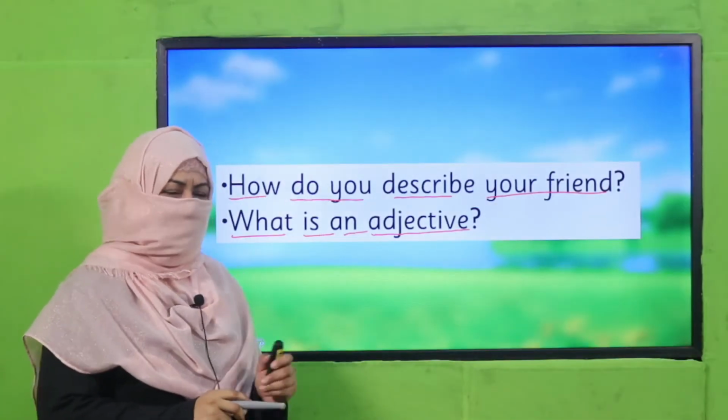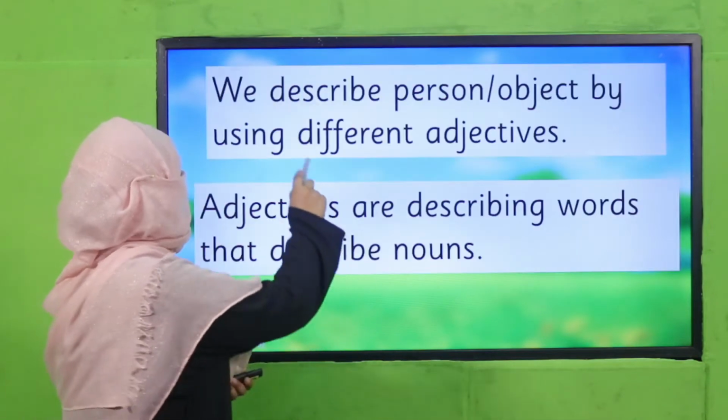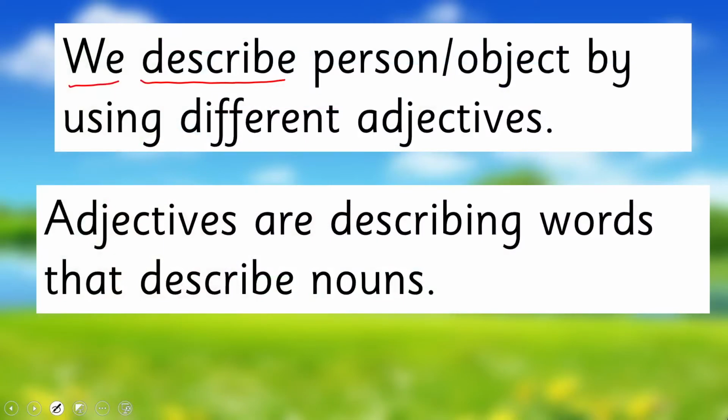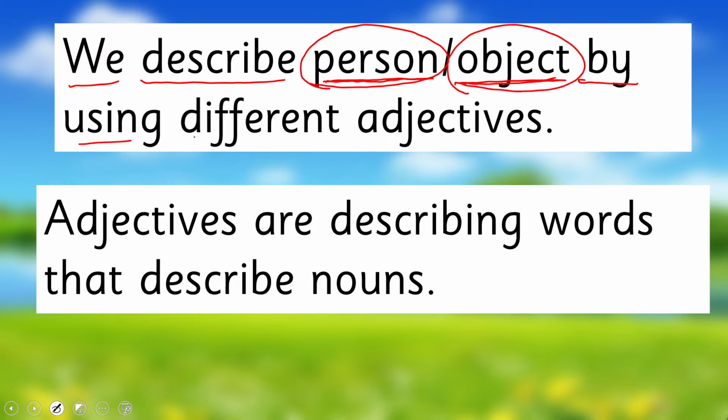I hope you have answered correctly. If I ask you to describe your friend, it means I'm asking you to describe a person. And if I ask you to describe your bicycle, it means I'm asking you to describe an object. So whenever we want to describe a person or an object, we describe it by using different adjectives.